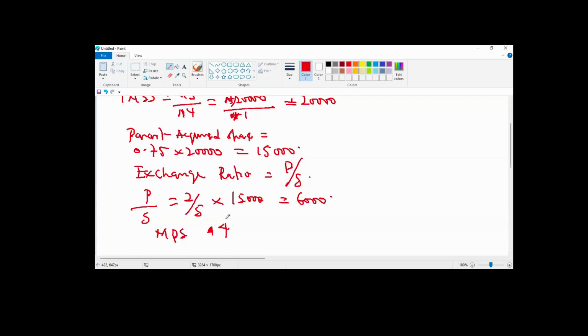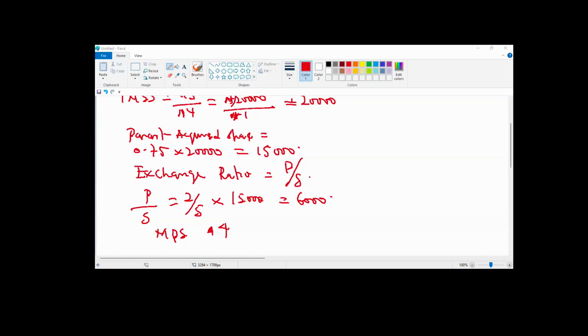How many shares are in the company? 20,000. The parent acquires 75%, which is 15,000. The remaining belongs to NCI, 5,000. Market price of 3 naira. I can quickly post that to help my mark. Just go to the market price per share of the subsidiary.